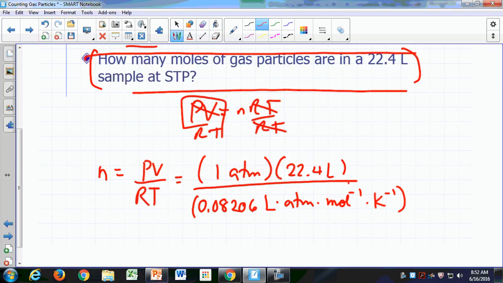That's your R, and your temperature. At STP, the temperature is 273.15 Kelvin.